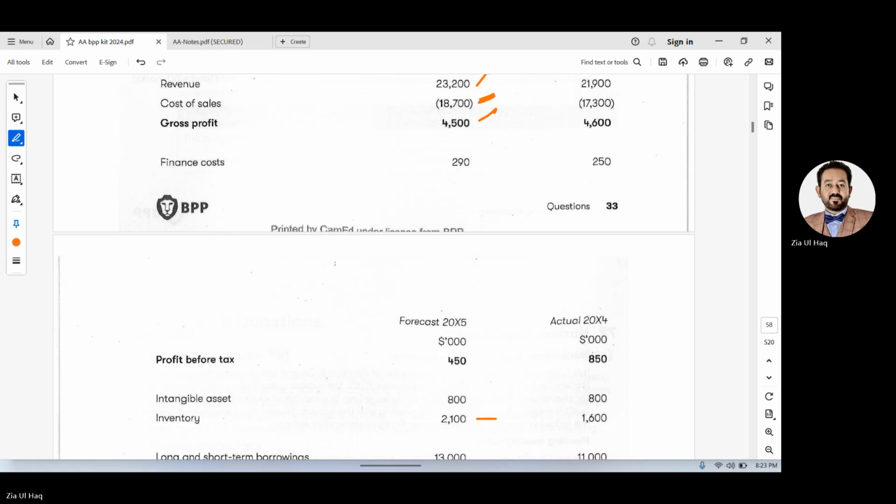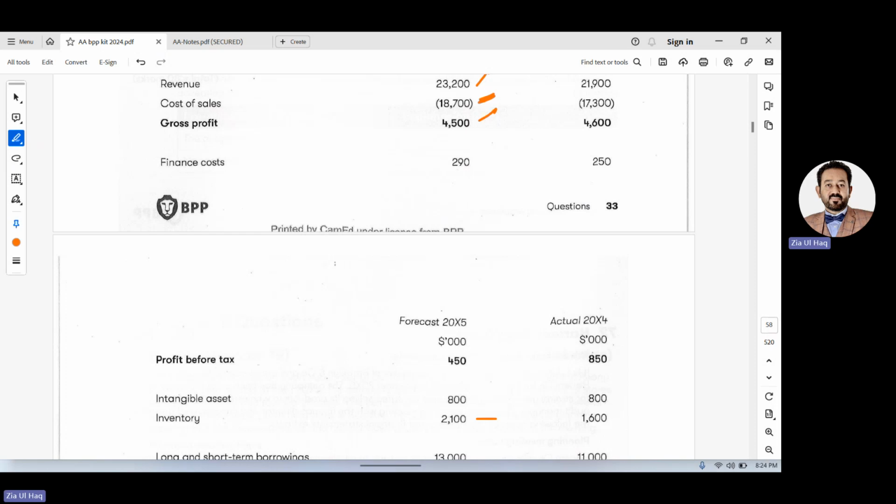14.9 days for 20x4. 40.9 means 41 days. What about 20x5? 33. This means they have reduced as compared to 20x4. Reduced? No, increased. 33 in 20x4, and 40.9 in 20x5.